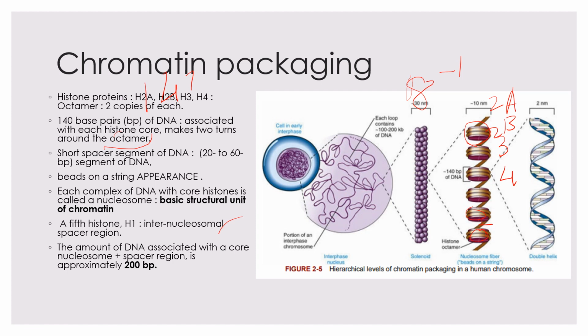To this spacer DNA region is attached the H1. You can see the H1 histone protein is there, and of course there are non-histone proteins also around. This spacer region is around 20 to 60 base pairs. It's mentioned at the third point of the slide.